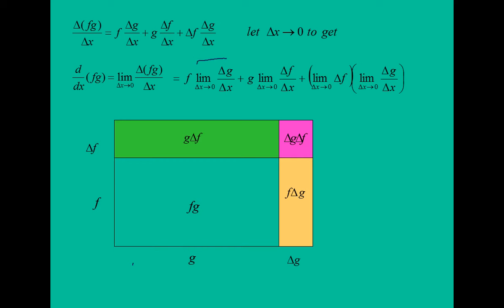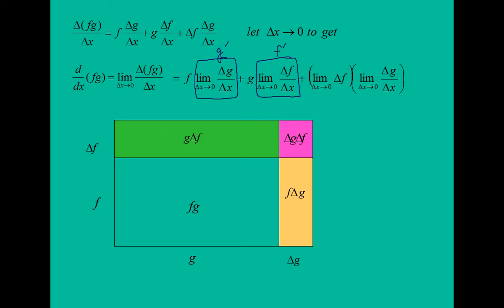Here we have, this is just g prime. So we would have f times g prime plus g times, well, this would just be the derivative of f. So this would be our f prime.